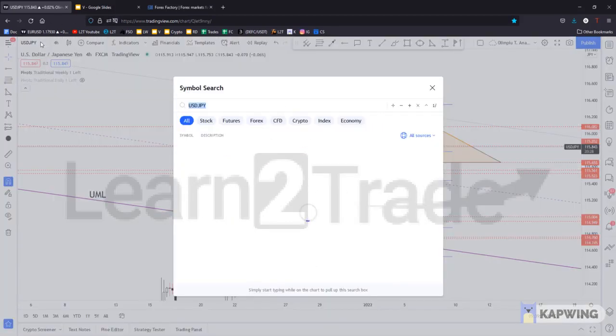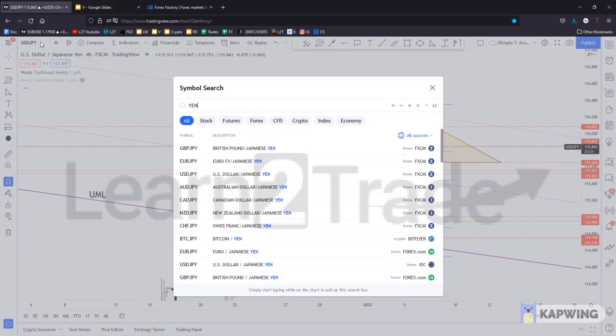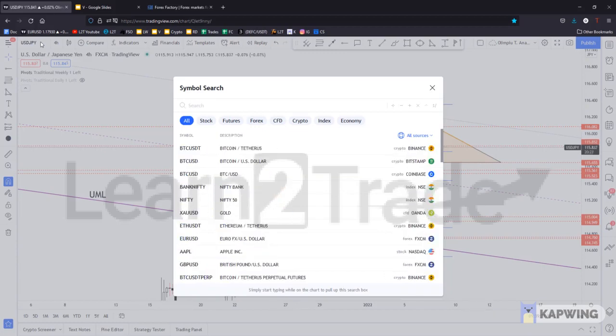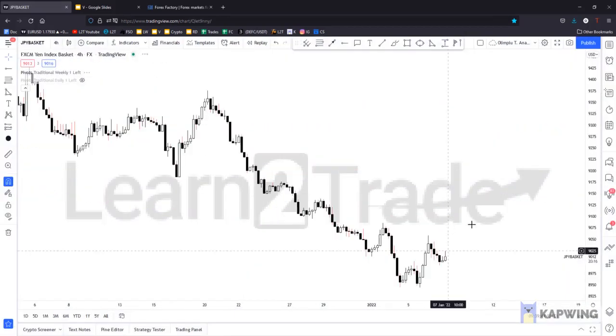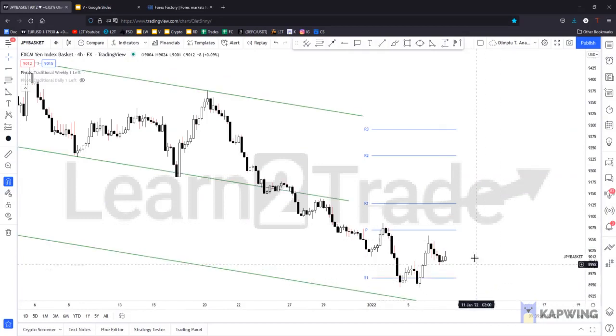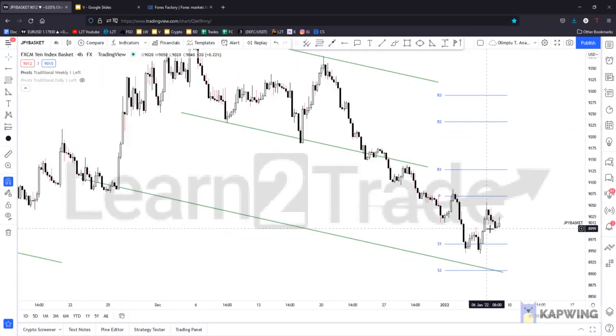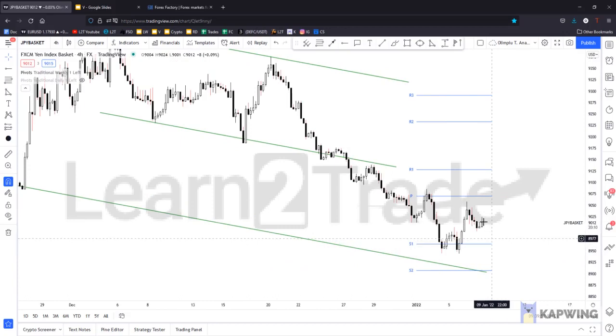But don't forget also the Japanese yen. Let's take a look at the yen basket. If the Japanese yen basket will drop, then maybe the Japanese yen will depreciate, okay? And only a potential rally here could signal that the yen could appreciate.